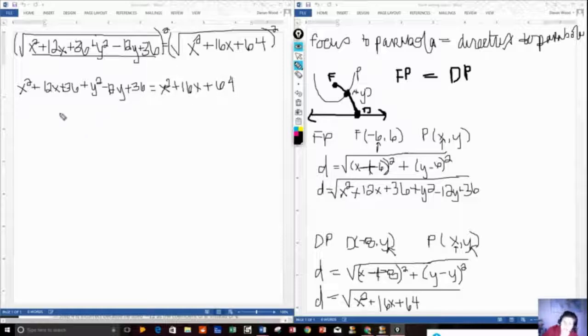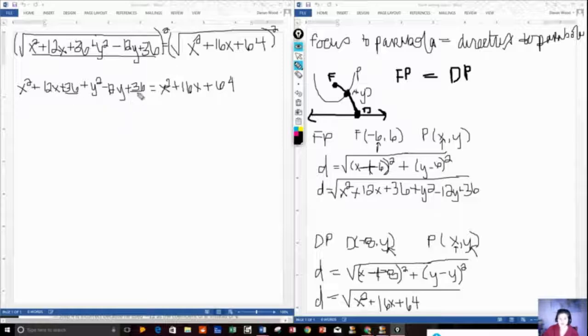Alright, now let's combine all of our like terms, and I'm looking for x squareds on this left side of the equal sign, and there's not any. I'm looking for any more x's on the left side, there's not any, and I'm looking for any just regular numbers. So we have 36 and 36. Those are like terms. So what is 36 plus 36? And this is how I do it in my head.